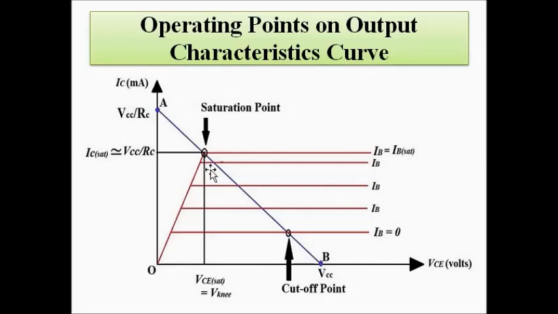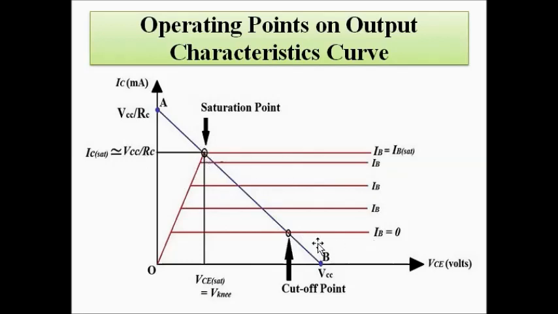So this is all about the operating points on the characteristic curve. Now, the active region. The active region is the entire region between the saturation and cutoff points. All the space in between these 2 points is the active region.